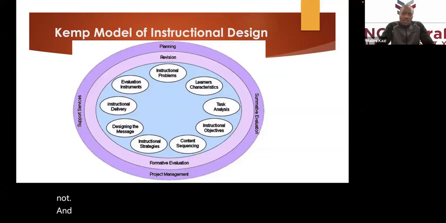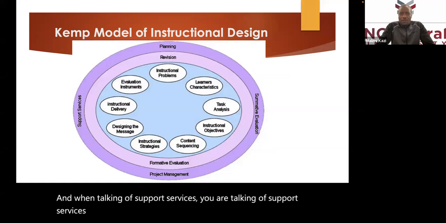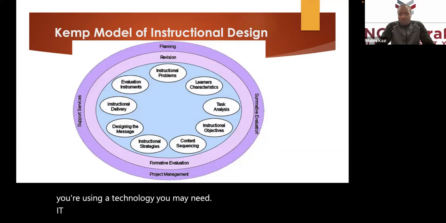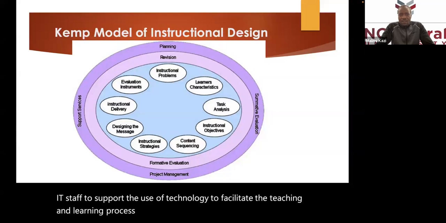And when talking of support services, you're talking of support services for both students and teachers as well. For example, if you're using technology, you may need IT staff to support the use of technology to facilitate the teaching and the learning process.